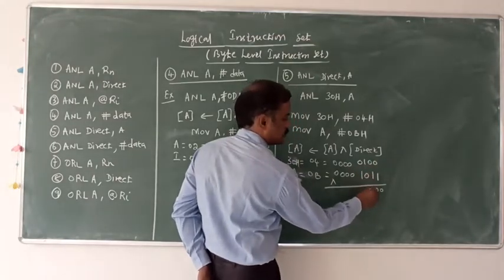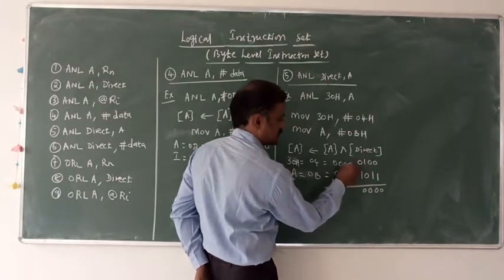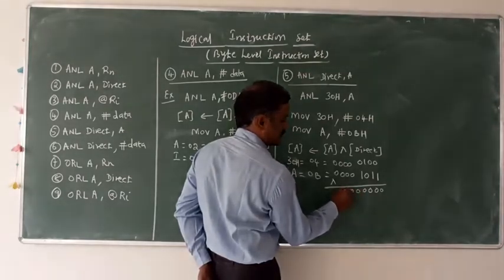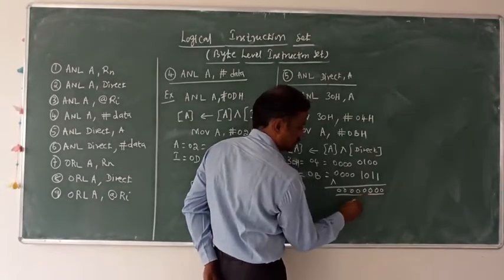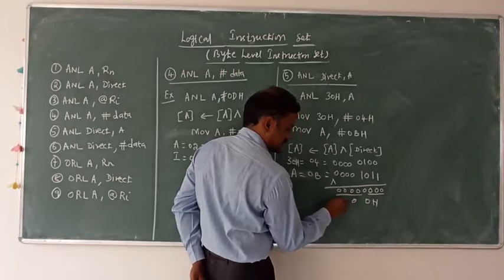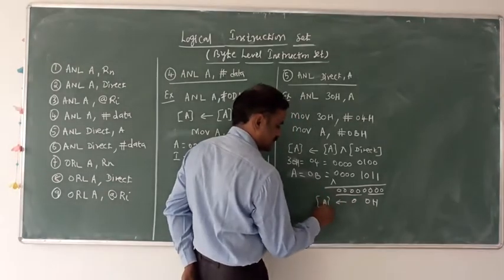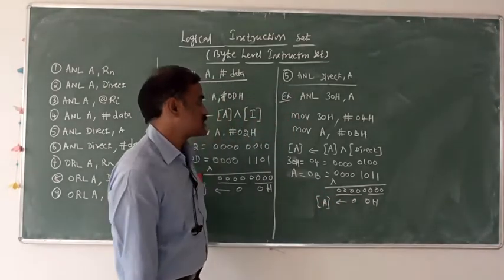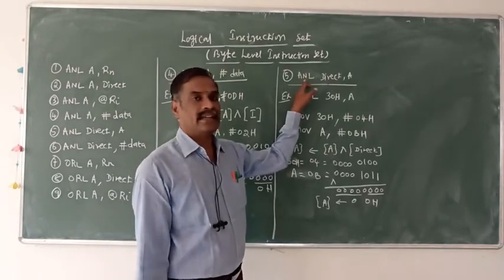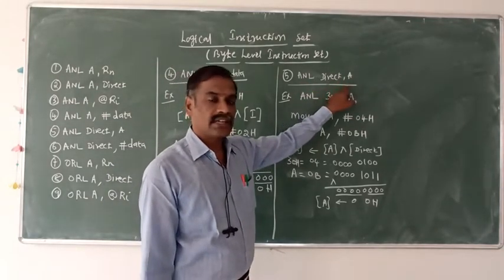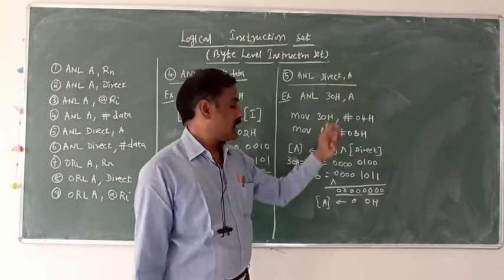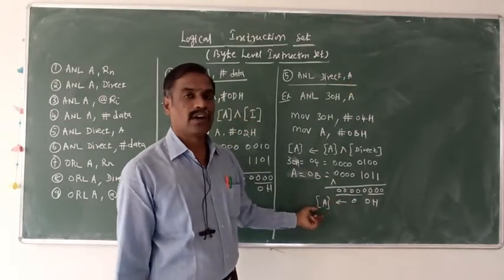Here it is low, and this is also a low condition. All the 4 inputs 0 means the output is low. Now the result is 00H. This result moves to the A register. This is the operation of logically ANDing direct memory location data with the accumulator, and the result always moves to the accumulator.